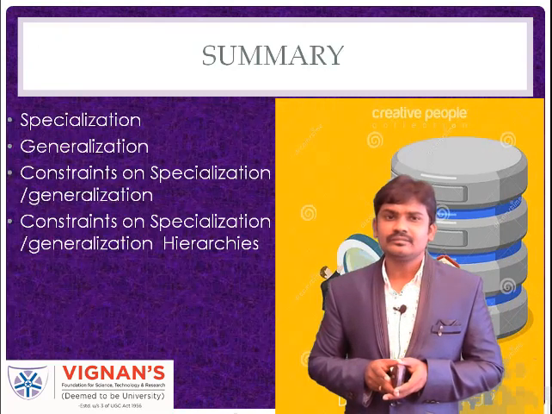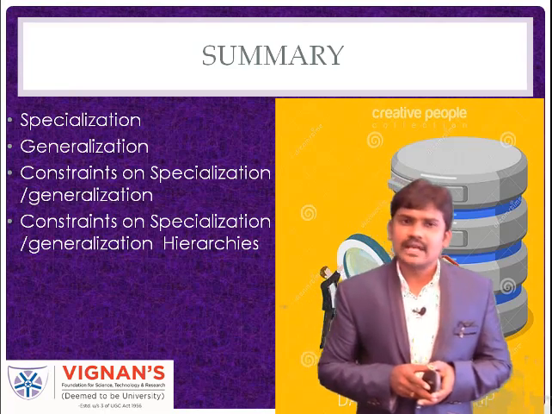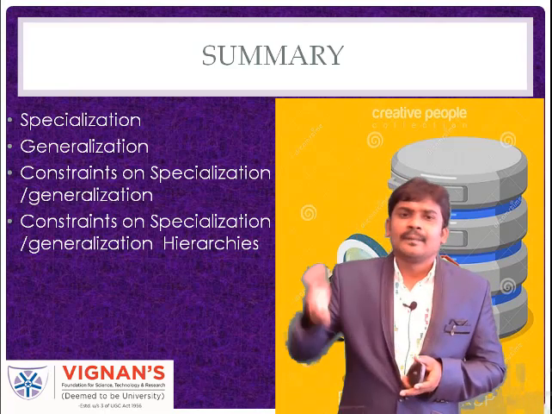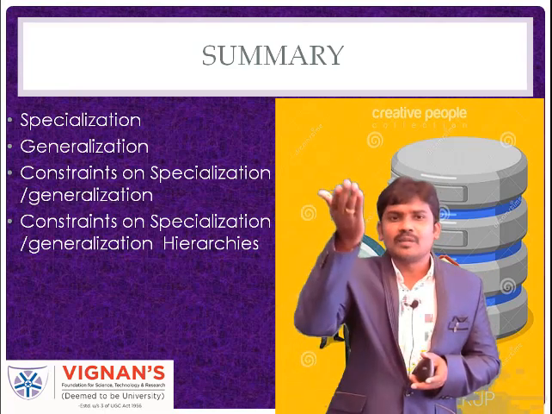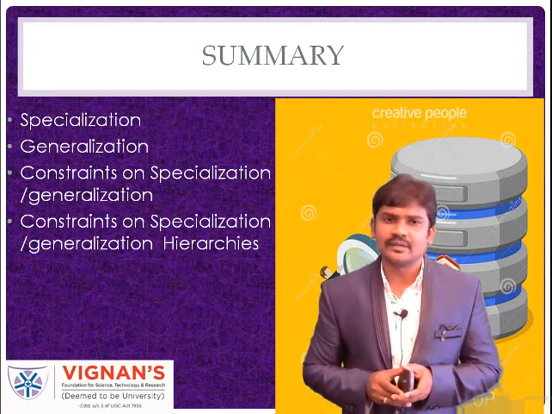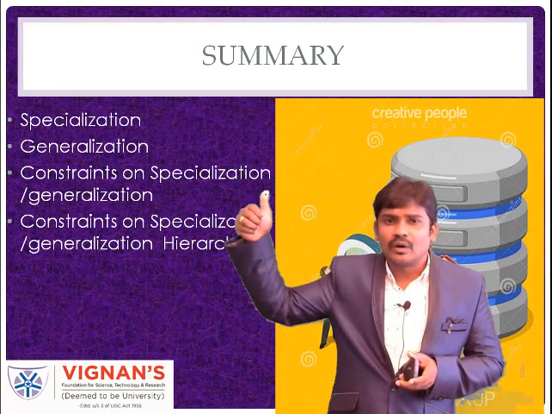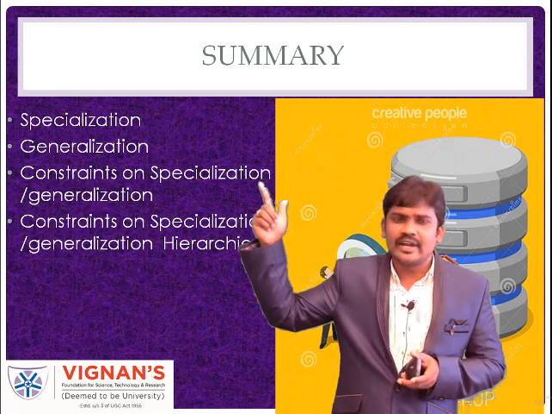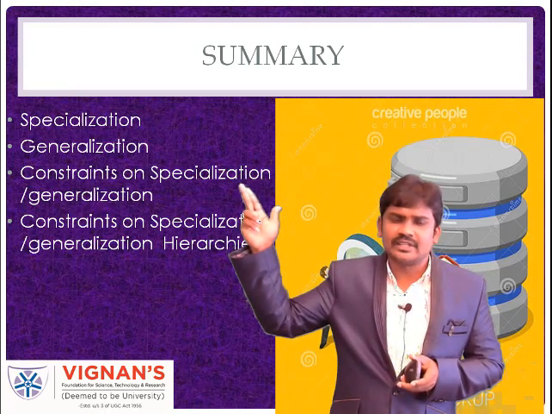Now let me summarize today's session. First, we discussed specialization. Specialization is the top-down process. Generalization is the bottom-up process. Constraints on specialization and generalization: one is predicate-defined or condition-defined specialization, another is attribute-defined, and the third is user-defined specialization.